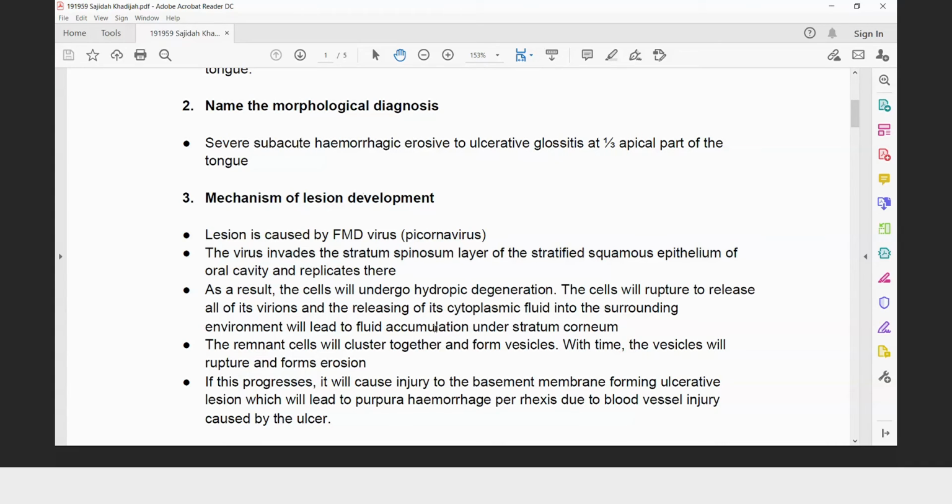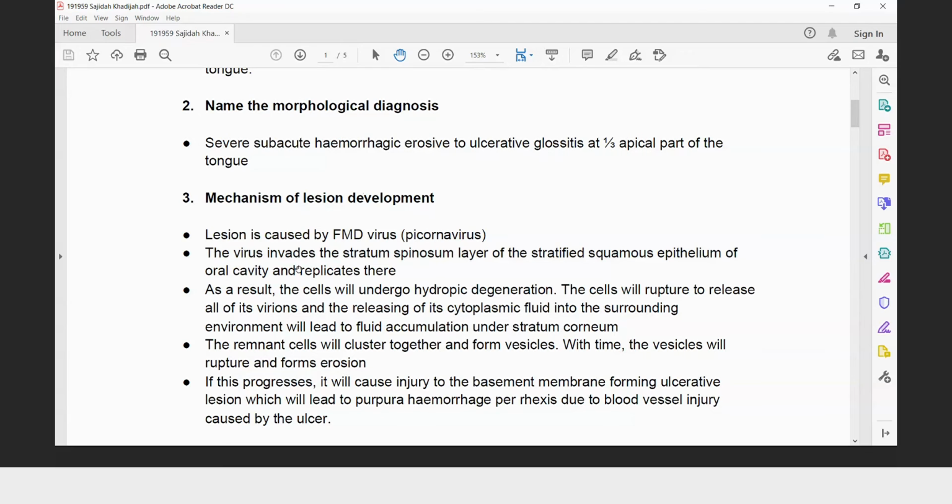Then fluid accumulation. In this case they put stratum corneum. Actually, it might start from the spinosum and some also in the stratum corneum. Then they have the vesicle crack. They got erosion, rupture, erosion. Then they have ulceration, hemorrhage.